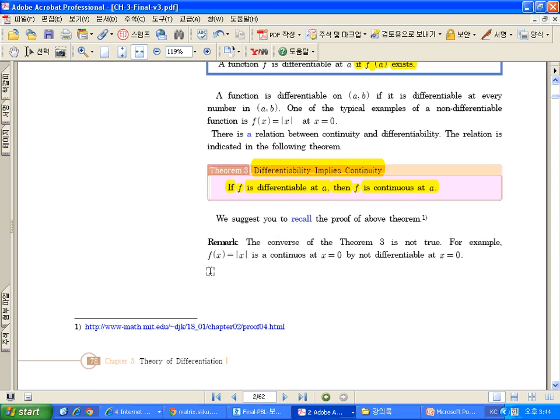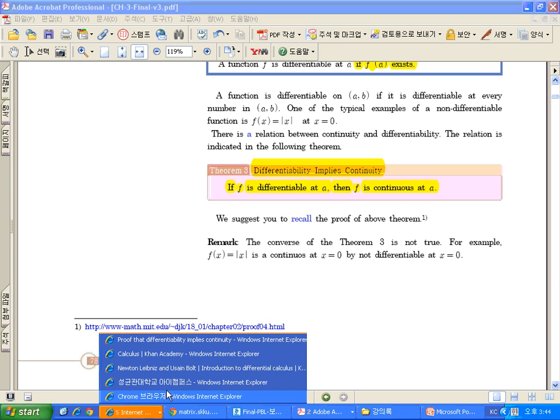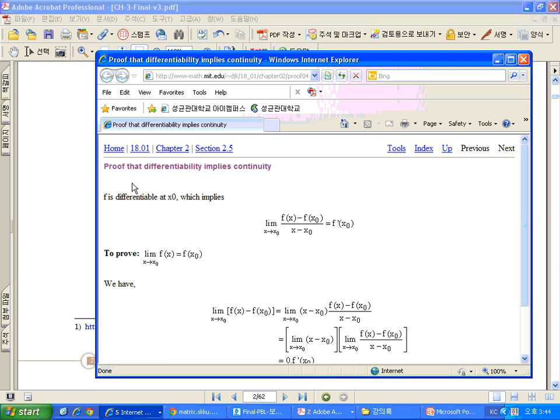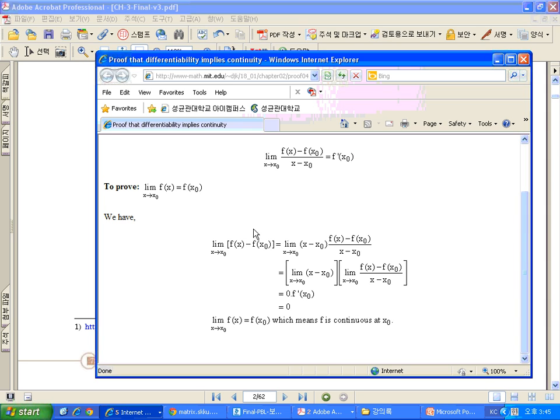You can find the proof anywhere, and you already know the fact. Here you will see easily that this limit equation means the limit of f of x is f of x not, which means f is continuous at x not.